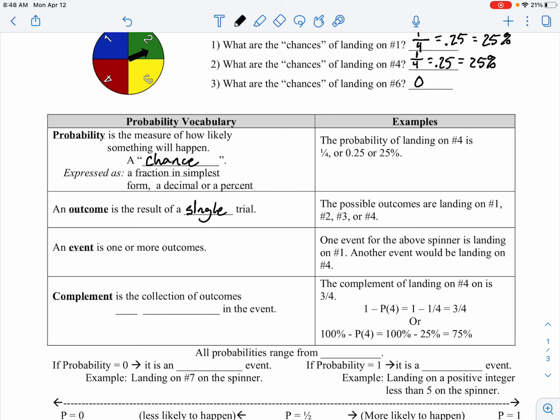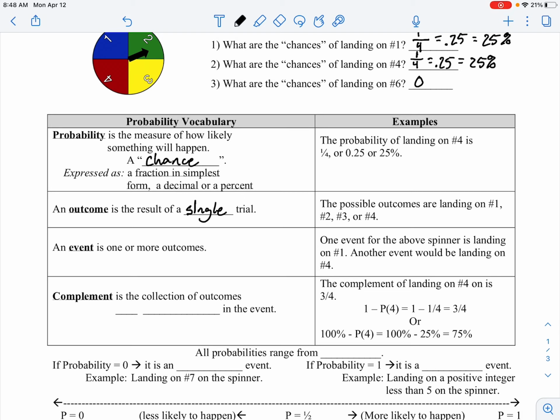We call an event one or more outcomes. So one event for the above spinner is landing on number 1. Another would be landing on number 4. So I think I got those mixed up. Outcome is just what are the possibilities. So the outcomes are 1, 2, 3, or 4, and the event is the one that we actually land on. Pardon me, I apologize for that. Got those mixed up. So an event is if I spin the spinner and land on 3. That would be an event that happened.